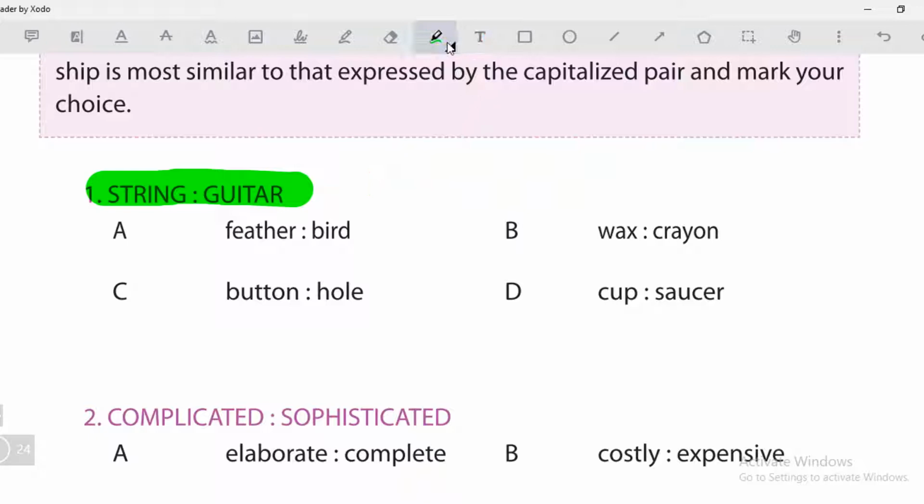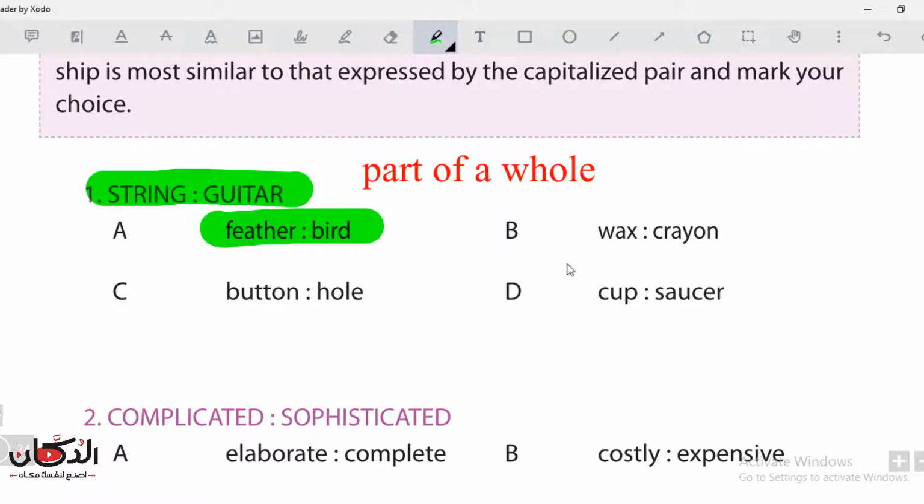So search for a part-of-a-whole relationship. A feather is a part of a bird, yes. Wax and crayon, no, a crayon may be made of wax, but it is not part of a whole. Button and hole, no. Cup and scissor, no. So the only possible answer is feather and bird.